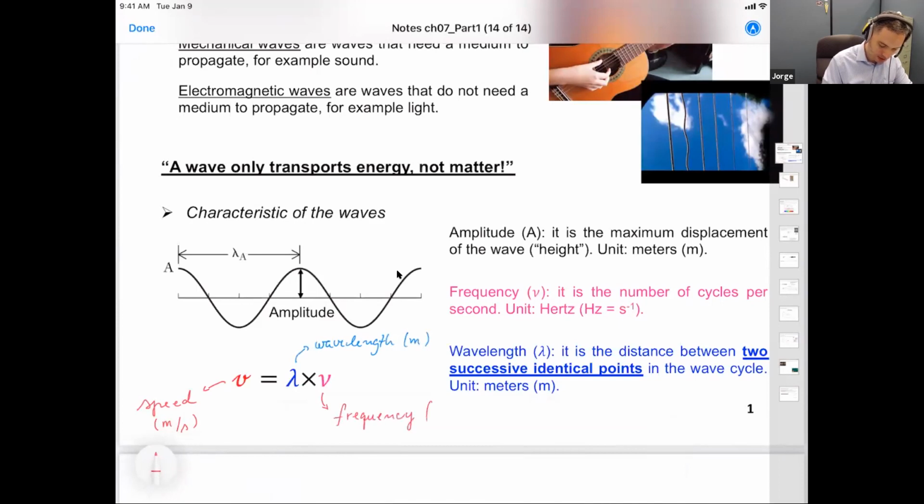Frequency in the international system is represented by hertz. Hertz is the same thing as seconds to the minus one, or 1/second. Every time we have a wave, we can use this equation: v equals lambda times nu.